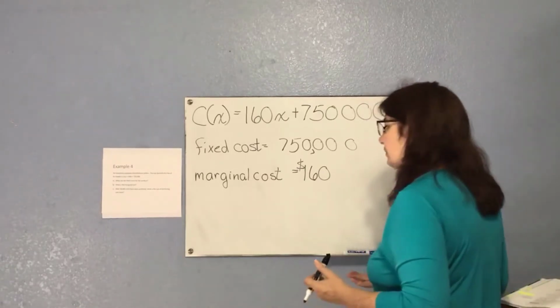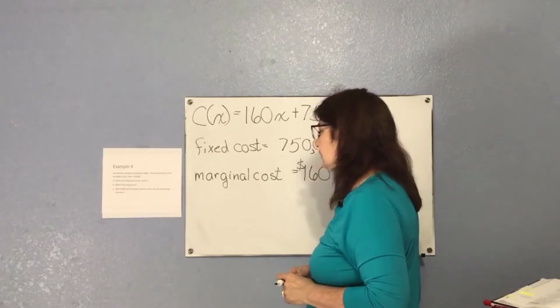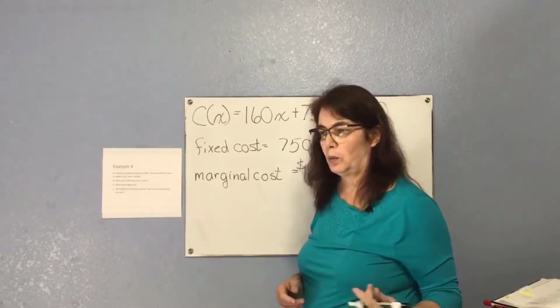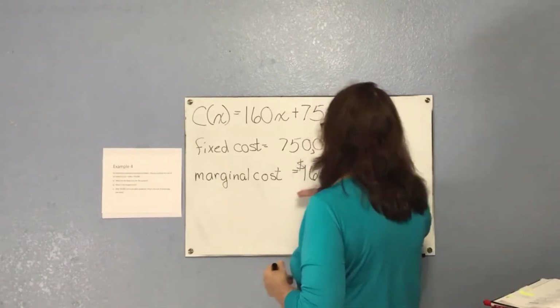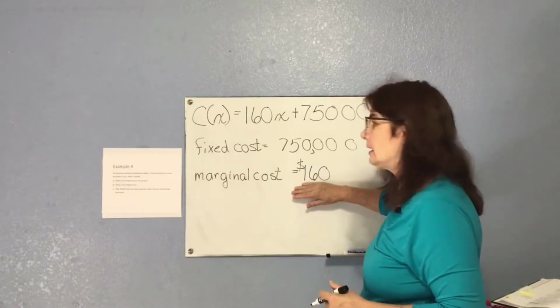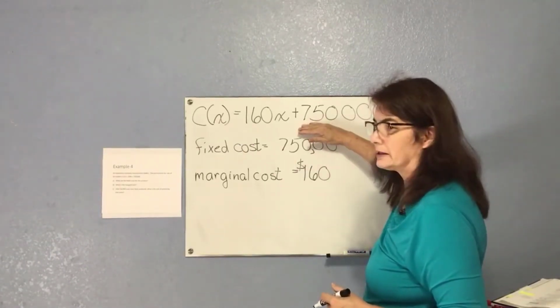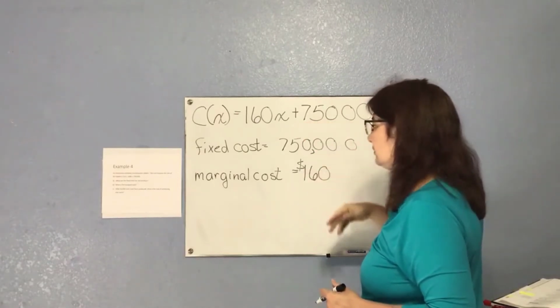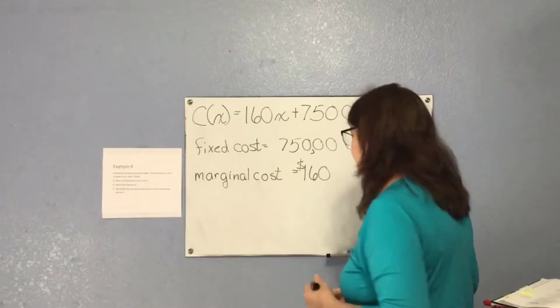But now the next question is, after 50,000 units have been produced, what's the cost of producing one more? So this is a little more complex. We know that it's going to cost us $160 to produce that, but we also want to know what part of this fixed cost should be applied to that next unit after 50,000.